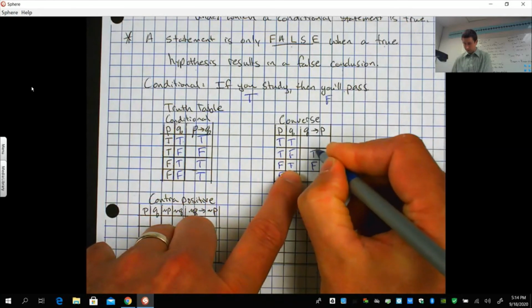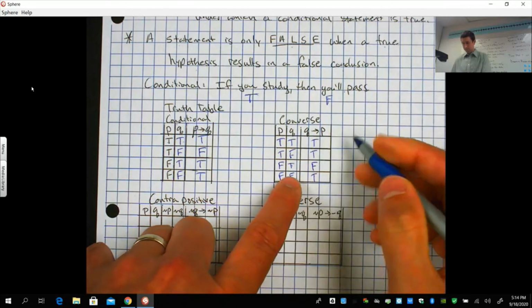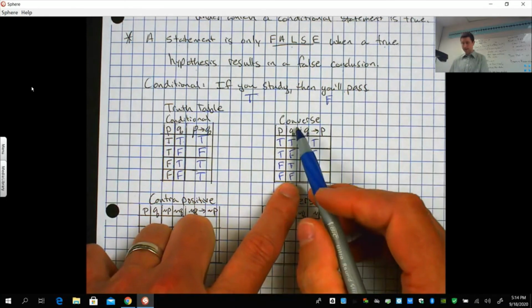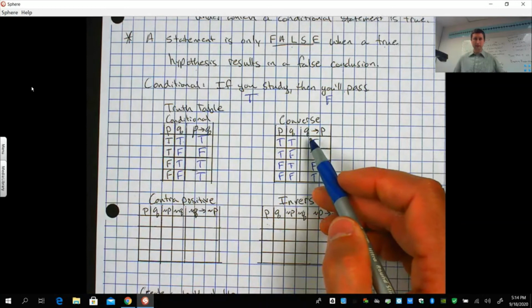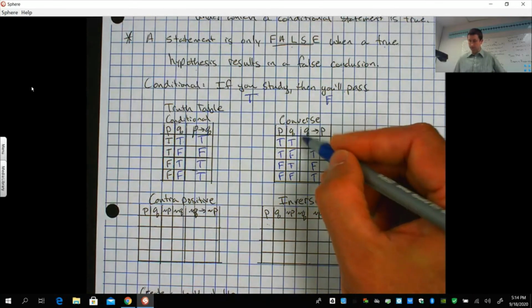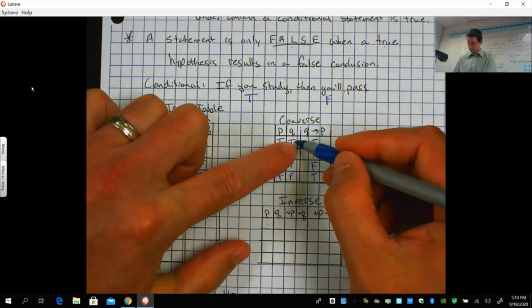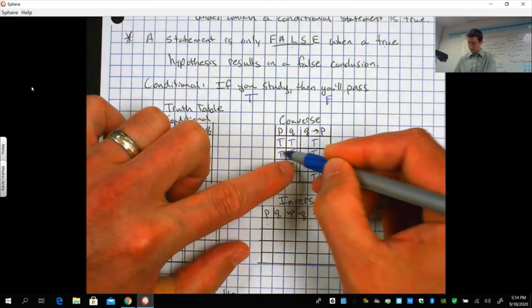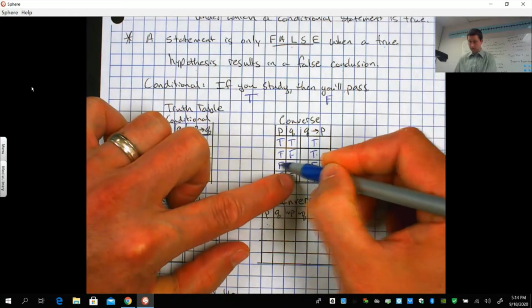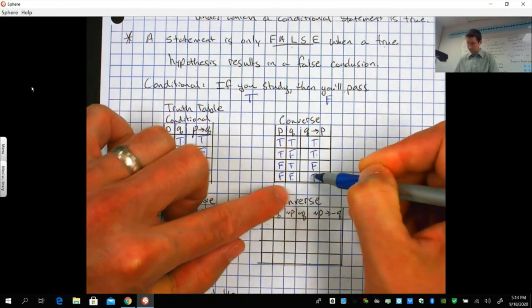The rest are going to be true in this case. Okay, because we're starting with this, the conclusion has become the hypothesis. Whatever is written first is the hypothesis. The P and the Q are now just representing values, numbers. Okay, so this goes true, true, that's true. False, true is true. True, false is false. False, false is true.